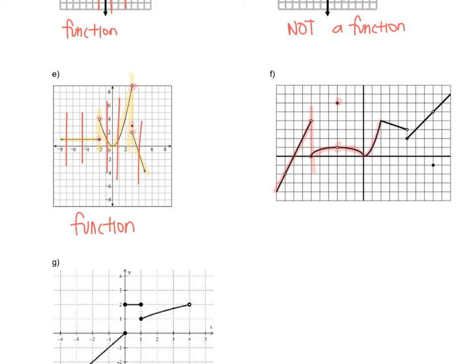I continue my shape and it's still following the definition of a function if I draw vertical lines. Now again, I could have a potential problem at this separation, but I don't because there's only one closed circle. I continue on my line. I have a random coordinate down below the x-axis, but it's okay because at that same point, there's an open hole in the line. So this is a function.